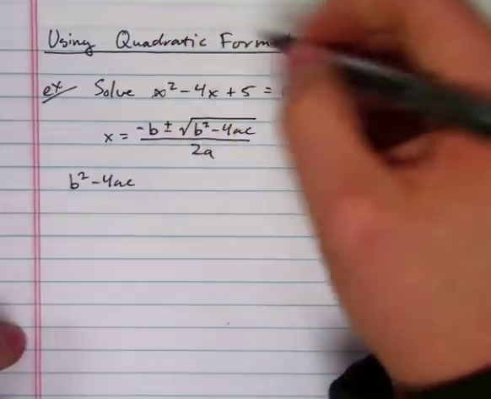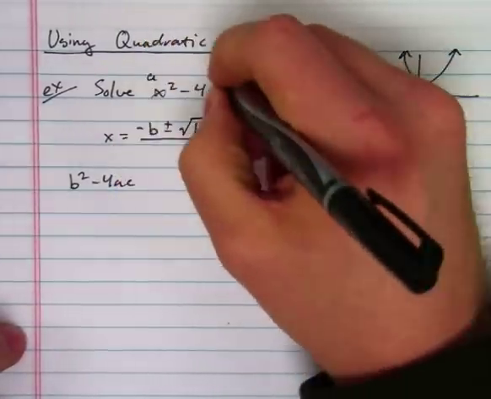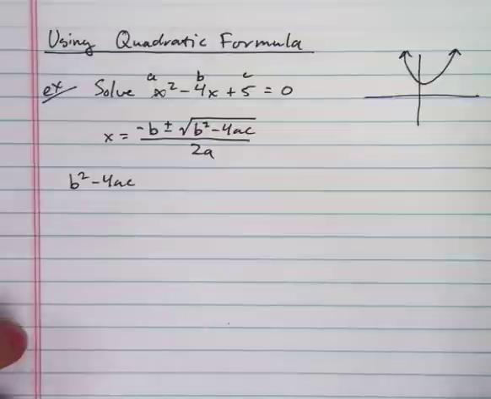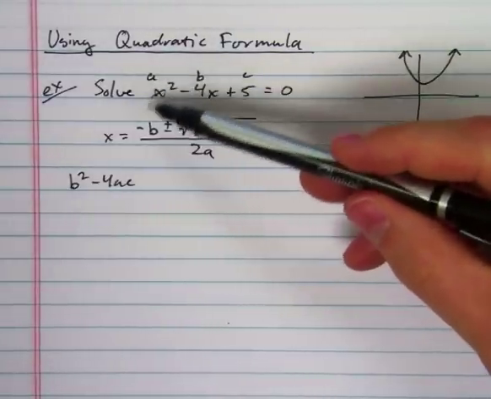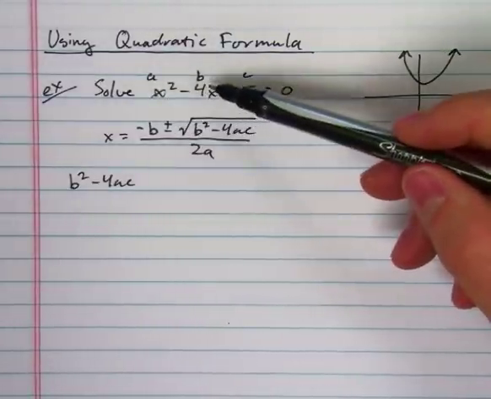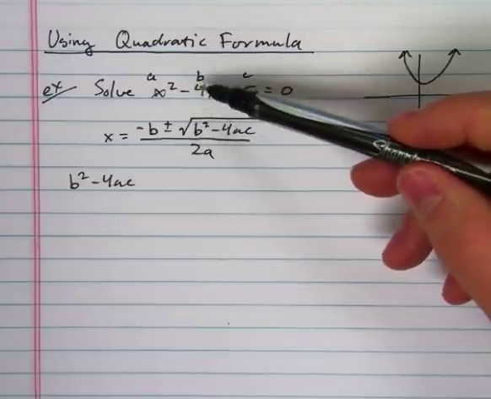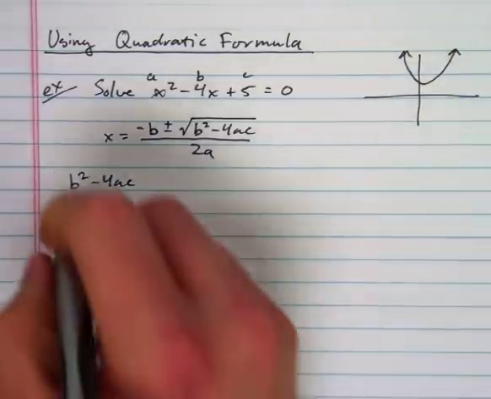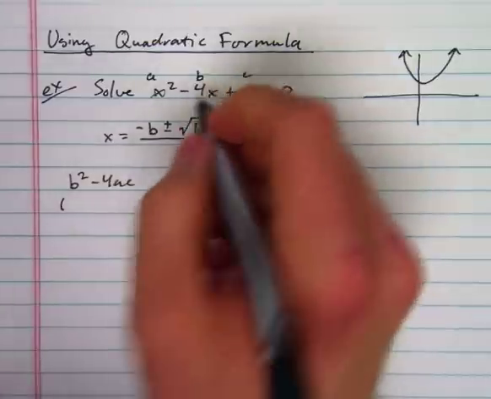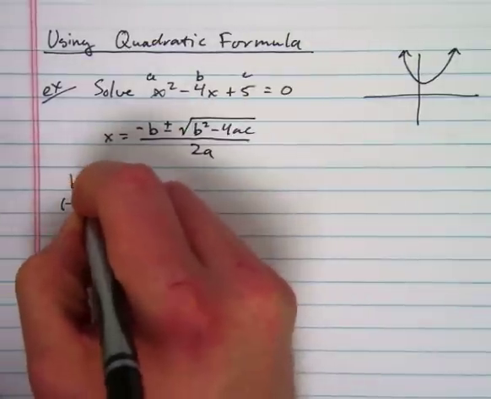So let me write b squared minus 4ac to the side here. Now, back here in my quadratic, I worry about my coefficients. A is going to be just 1 because nothing's there. It's 1x squared. B is going to be a negative 4, and C is going to be 5. So here I will write in parentheses, because this is a negative 4, negative 4 squared.